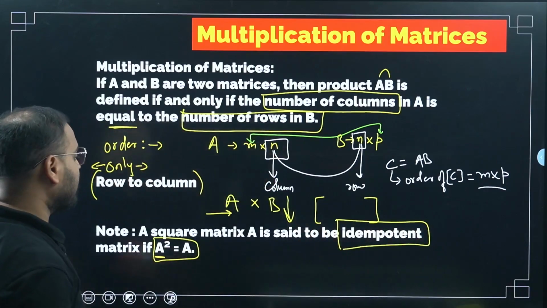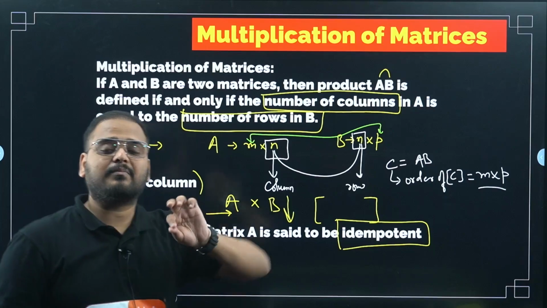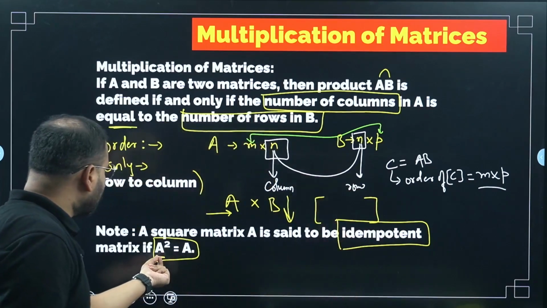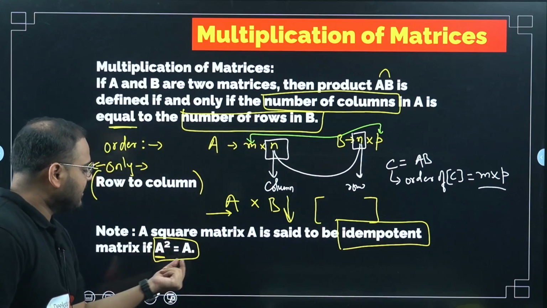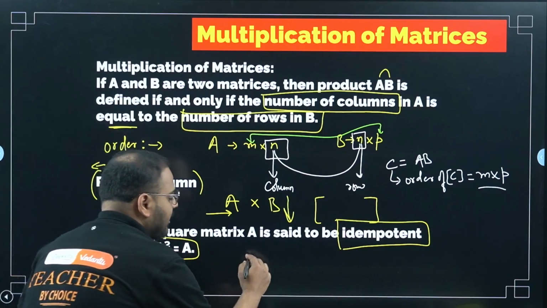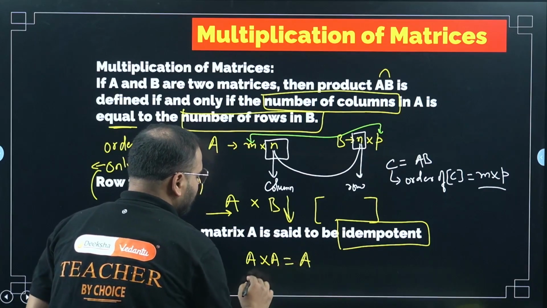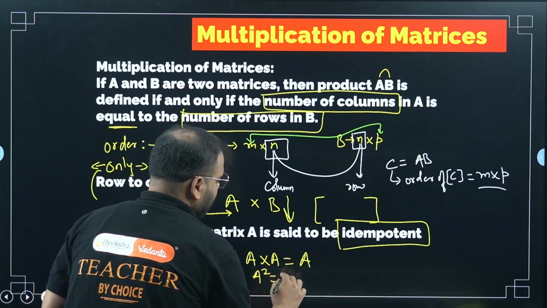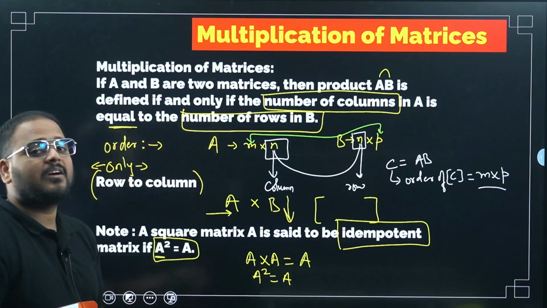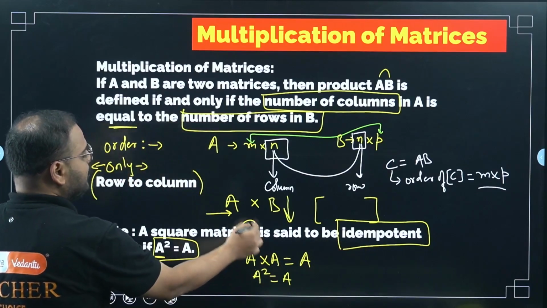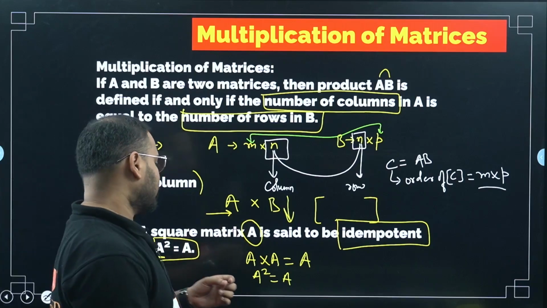Only if the matrix multiplied by itself gives the matrix itself. When this condition is satisfied, we call the matrix A an idempotent matrix. I hope this is clear.